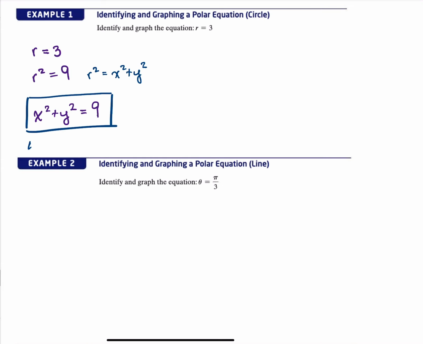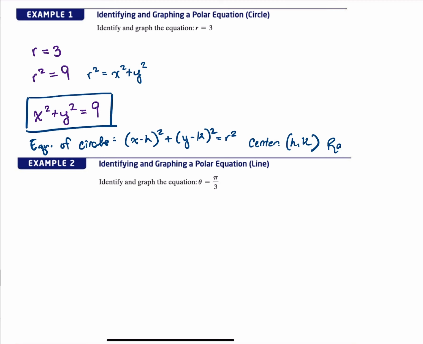So the equation of a circle, I wrote a G instead of a Q. The equation of a circle in general looks like x minus h squared plus y minus k squared equals r squared, where the center is the point h, k and the radius is r.